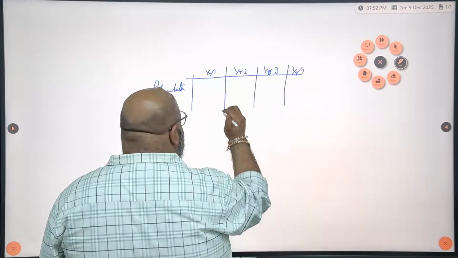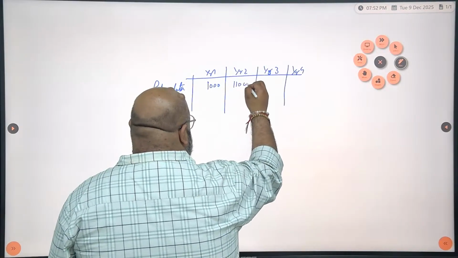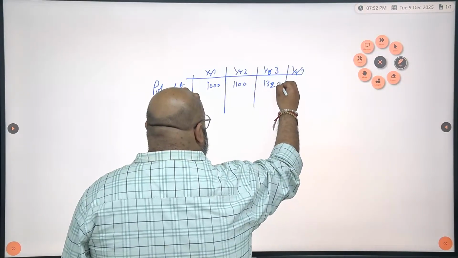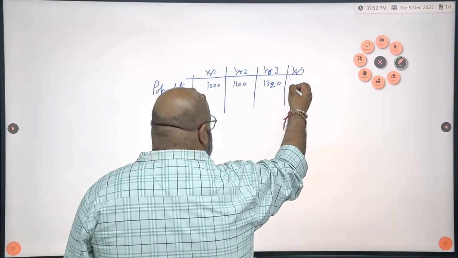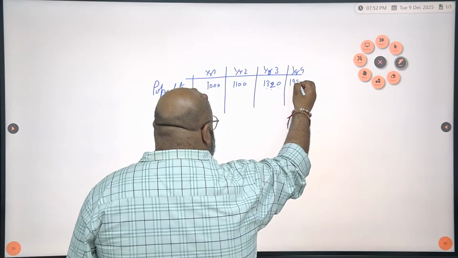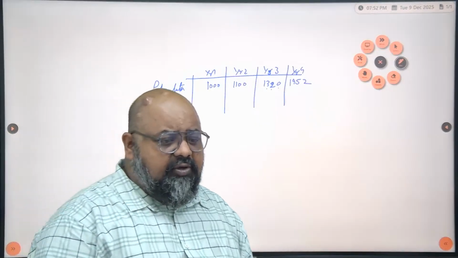In the first year, suppose it was 1000, then it became say 1100, then it became 1210, then it further became 1331, 1452. Suppose this is the population has gone from year 1 to year 4.